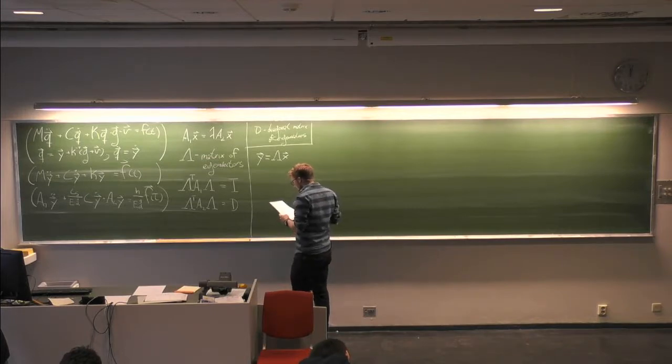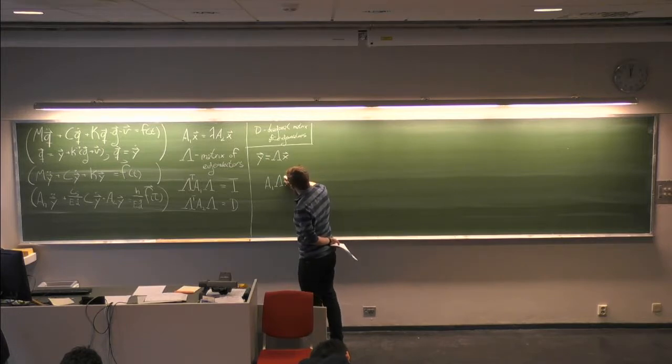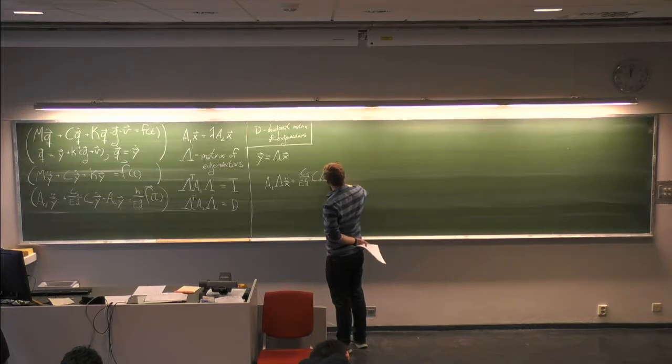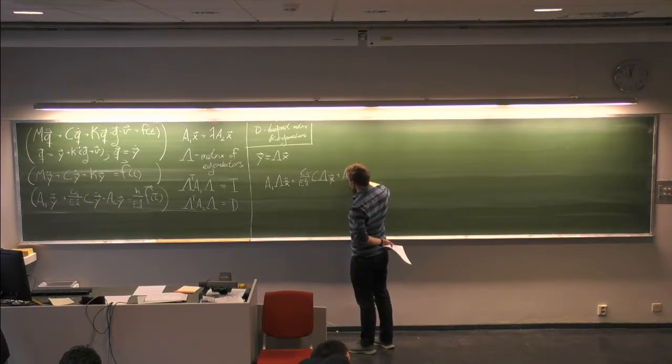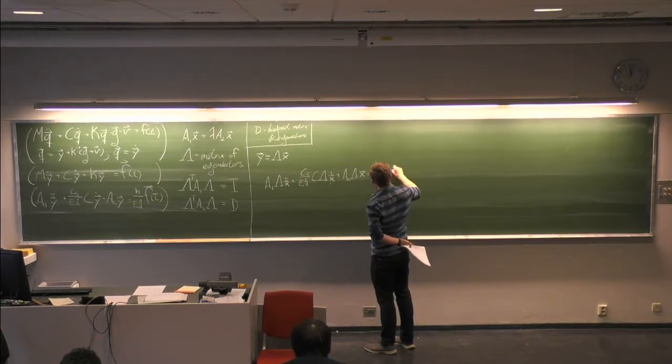We should then end up with A1 Lambda x twice differentiated plus s over E A hat c Lambda x dot plus A2 Lambda x equals h over E A f of tau.